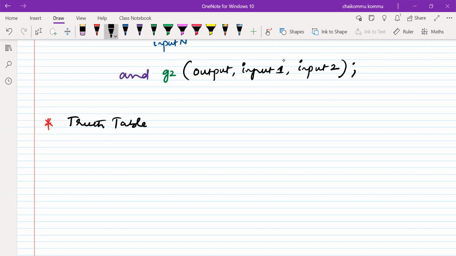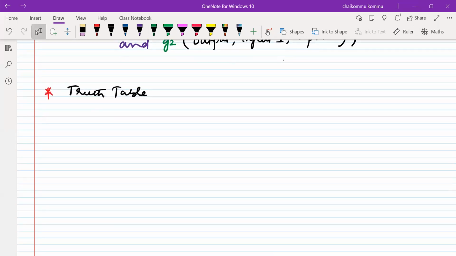Let us consider only one particular gate, and that is similar to all the other gates as well. Everybody knows that. For example, consider a two input AND gate. A is my input, B is my input, Y is my output.